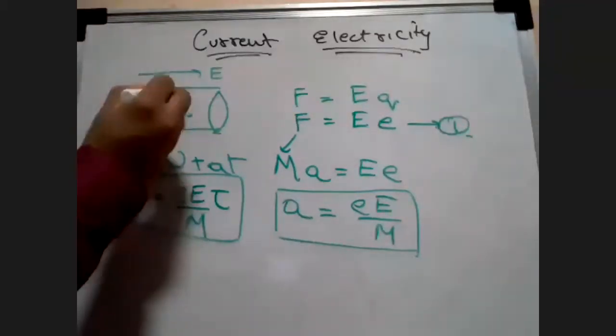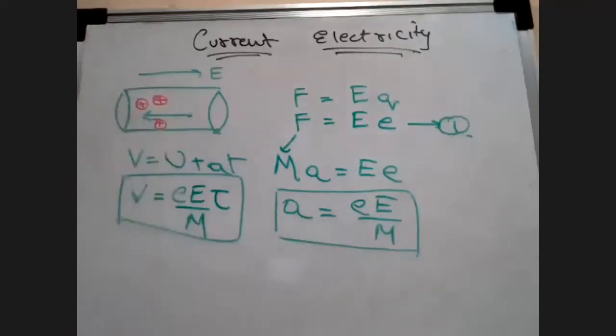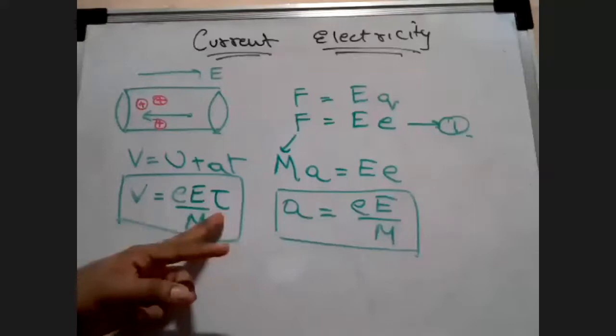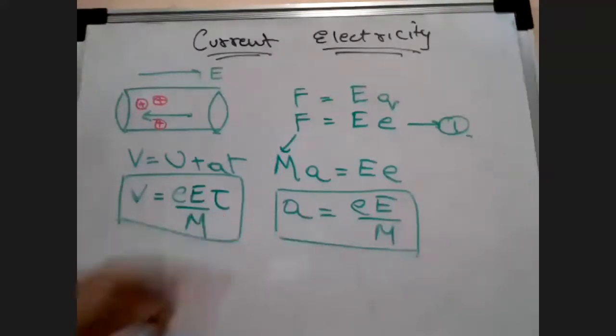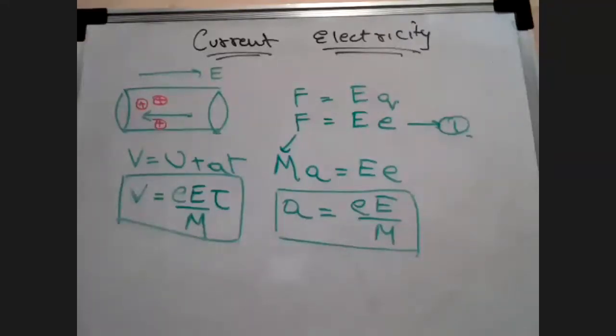So many ions are there here, so of course the electron is going to collide with so many ions. So the time between two collisions can be represented as tau. Okay, so now we know what is velocity. We know acceleration of an electron. Everyone clear? Okay.